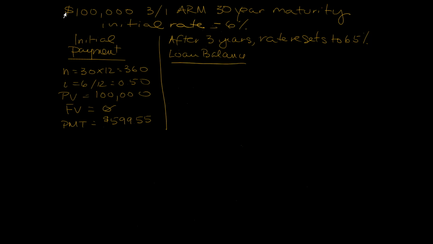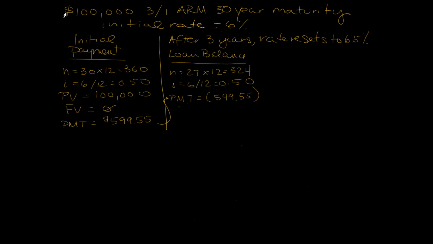So first, just like before, we're going to calculate the loan balance at the end of year 3, or at that reset date. So we calculate the present value of our remaining payments, which would be those remaining 27 years, or 27 times 12, which is 324.